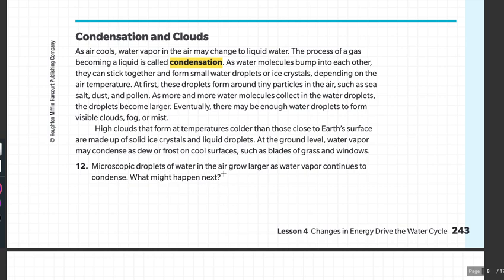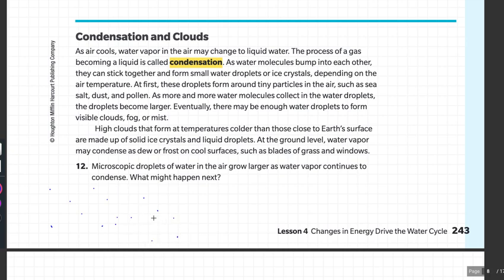Microscopic droplets of water in the air grow larger as water vapor continues to condense. What might happen next? What this is describing is you have water vapor in the air.